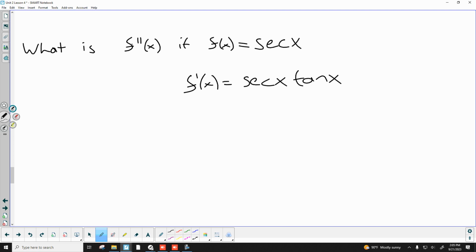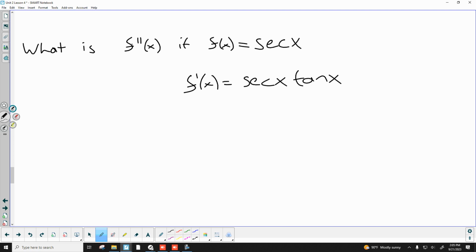Yeah, you made the mistake. Don't worry, everybody makes a mistake. Oh, nice one, guys. Yeah, the slopes of tangent are secant squared. So the slopes of secant are secant tangent.